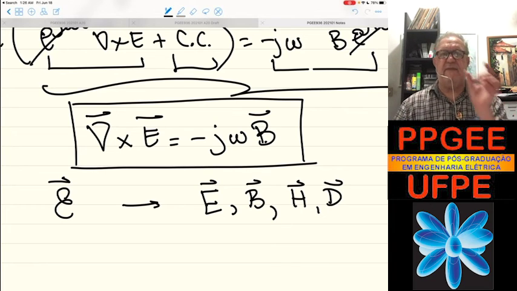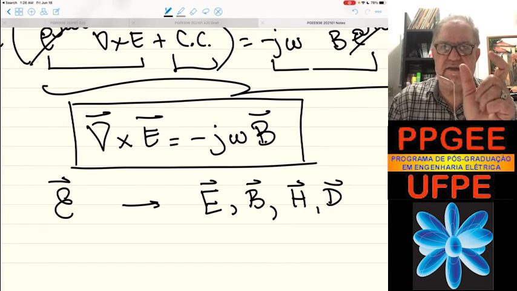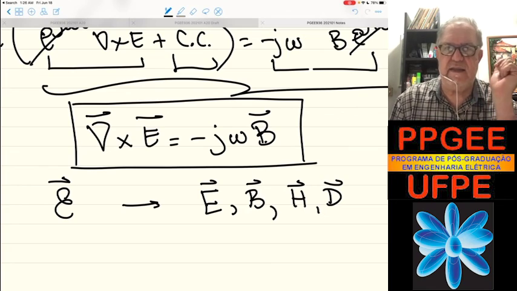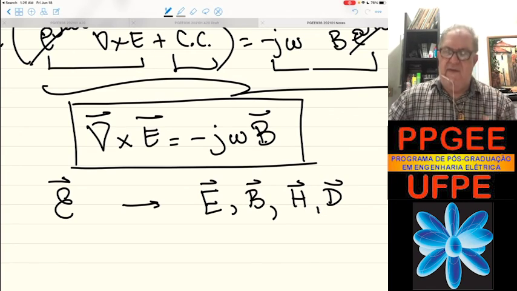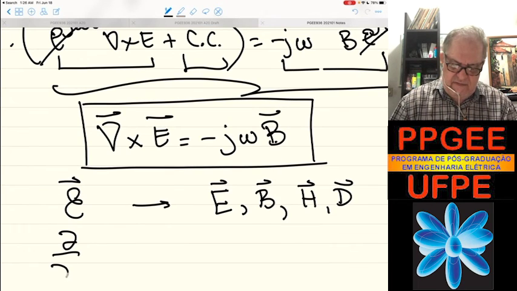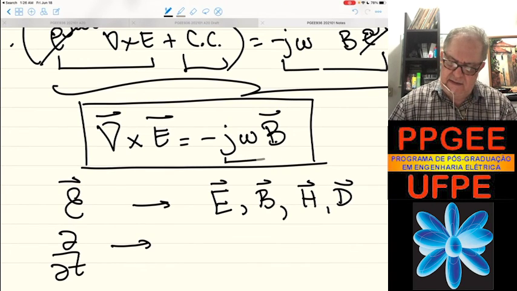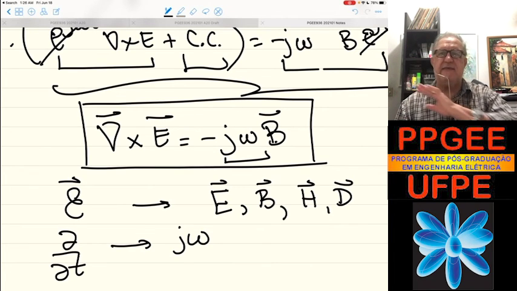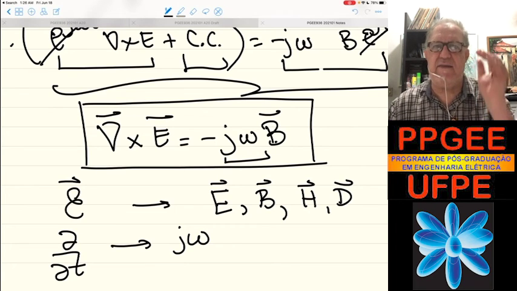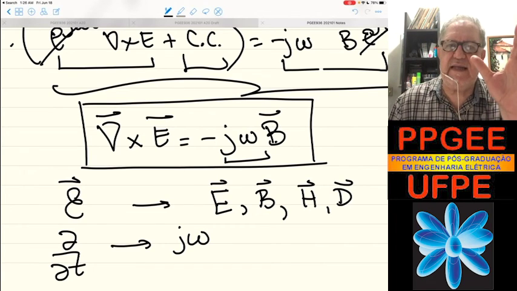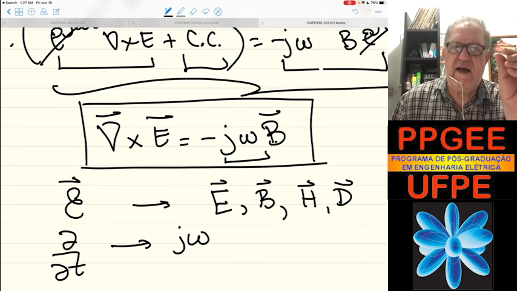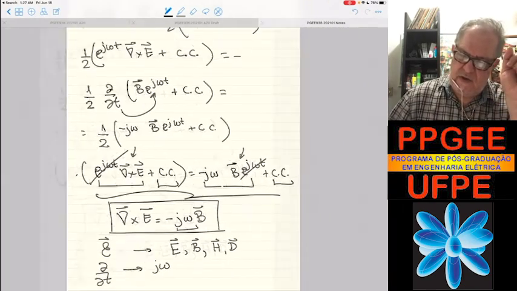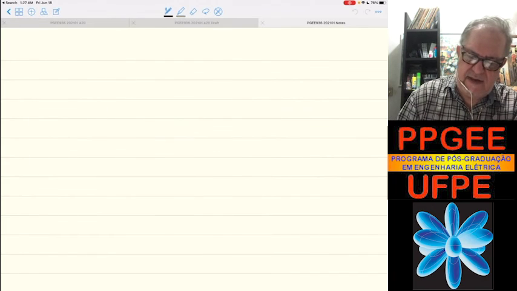All the field quantities are going to be phasors, E, B, and D, etc. And every time we see a derivative, we replace it, like we did here, by j omega. That's the rule that we have. So there's no time variation. The equations in the harmonic regime are equations that express space derivatives of vector functions that are exclusively dependent on the space coordinates. So then I'm going to just write down, right?